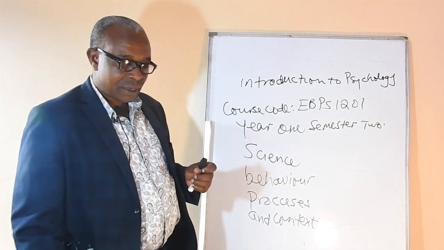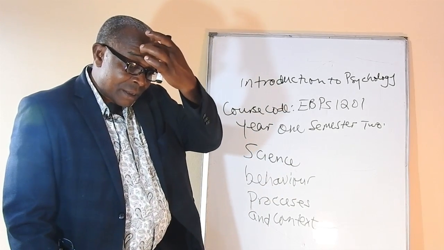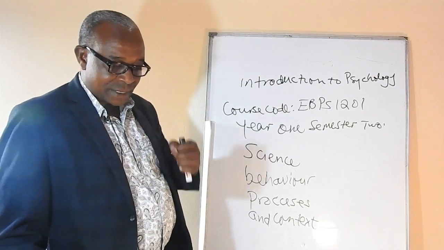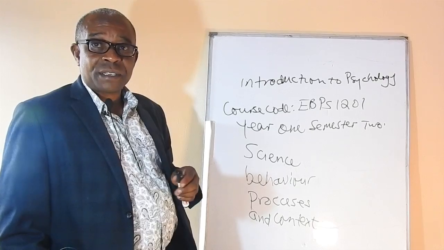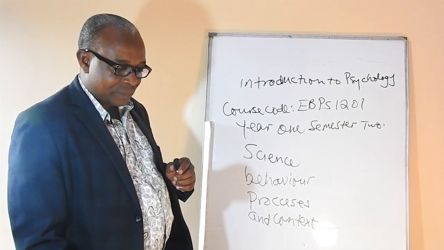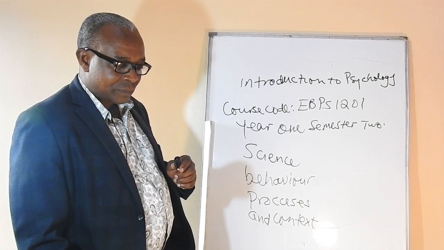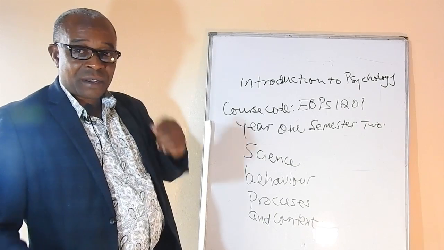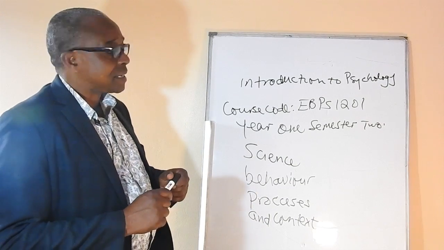These values or standards involve commitment to such goals as objectivity, accuracy, and skepticism. The 3 values are so key and very important in science.